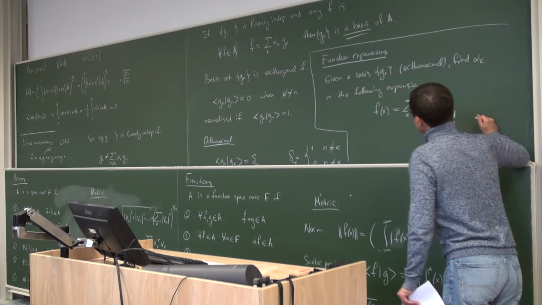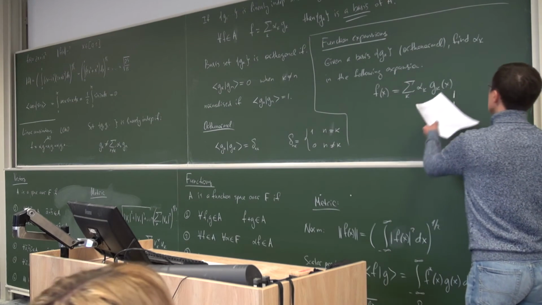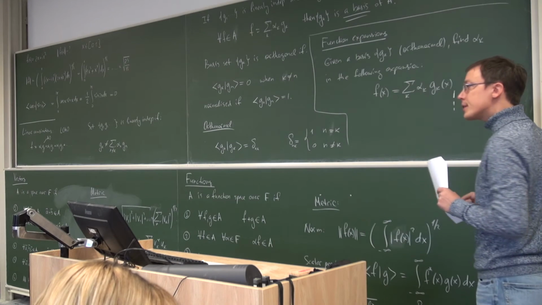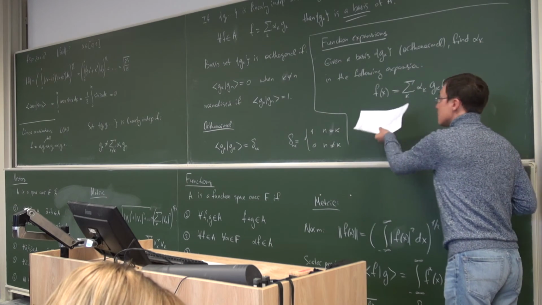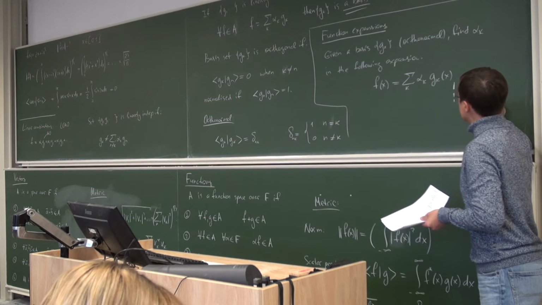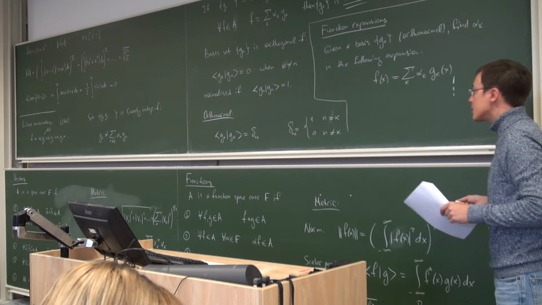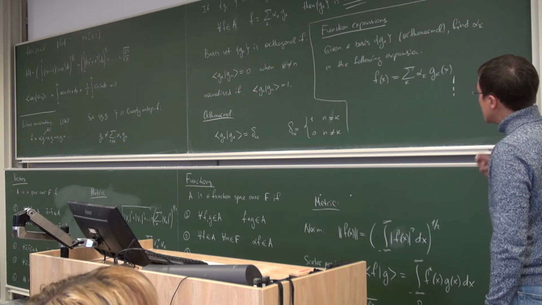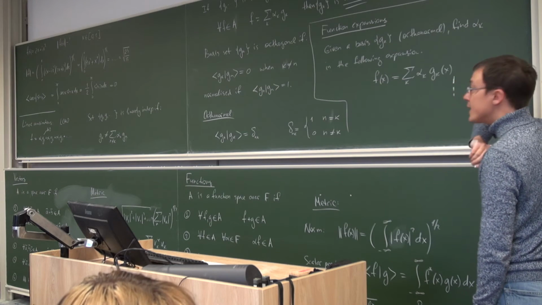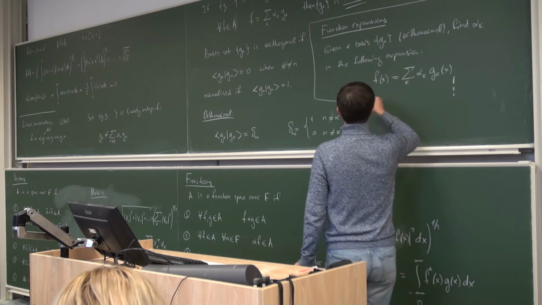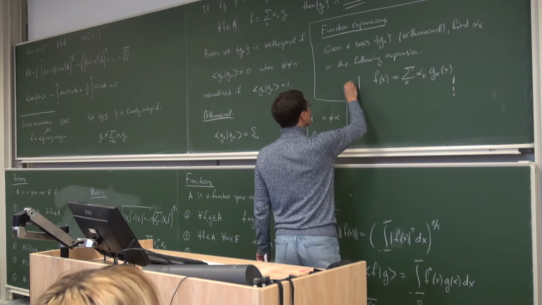Fairly typically, in modern quantum mechanics, g's would be complex exponentials or sines and cosines, and f would be some molecular orbital. And we would like to find the expansion of that molecular orbital in that basis. Well, what can we do? Let us take a scalar product of this entire expression, both the left and the right hand side, with a particular function, g n.